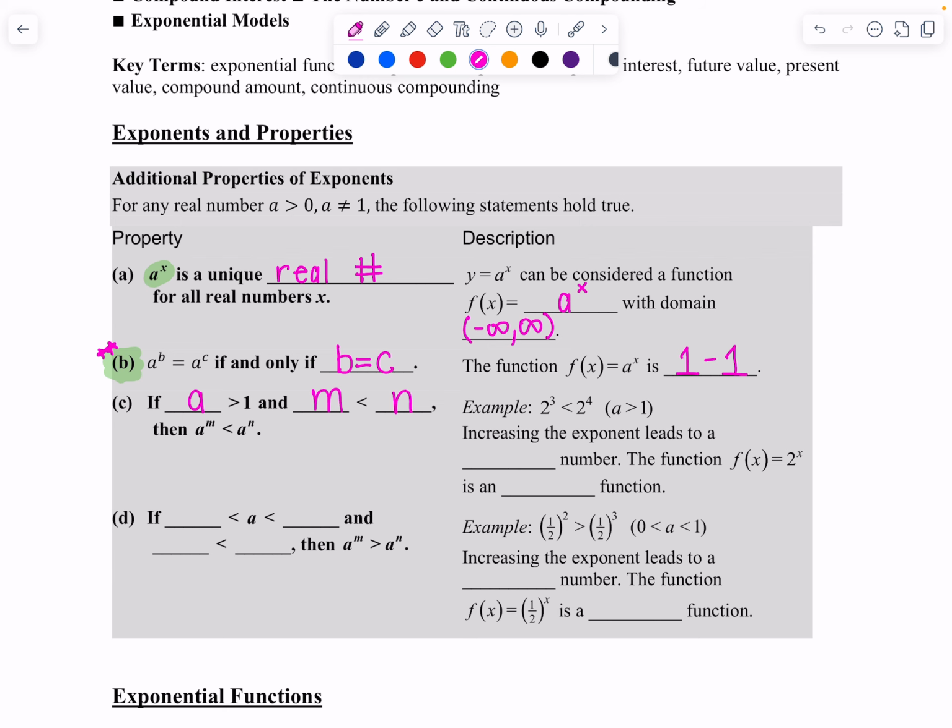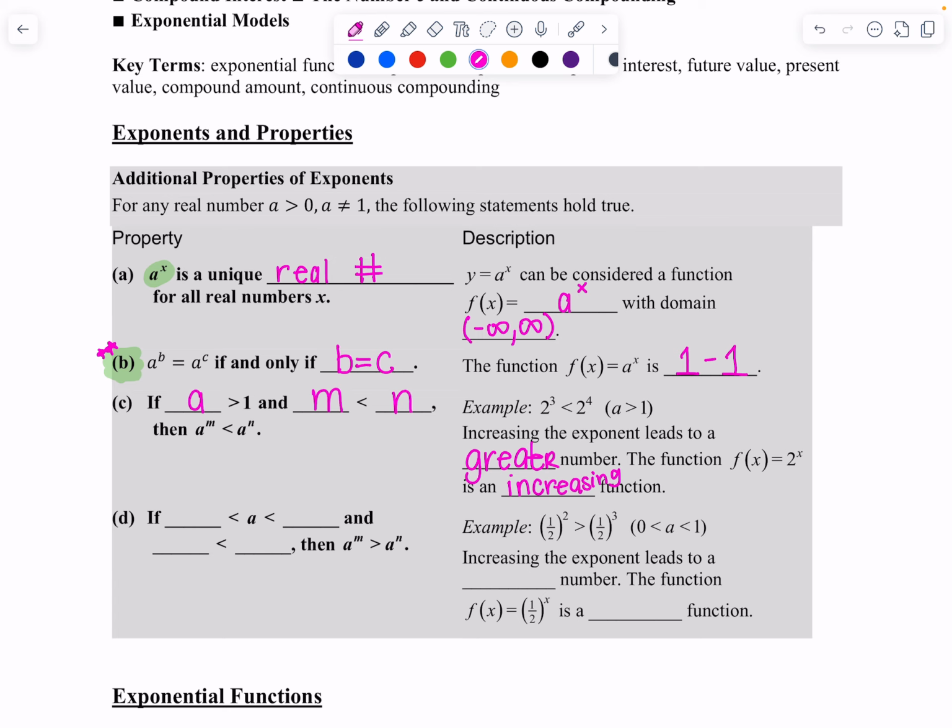In the concrete example, 2 to the third is less than 2 to the fourth. 2 to the third is 8 and 2 to the fourth is 16, so that is correct. Increasing the exponent leads to a greater number. Therefore the function f of x equals 2 raised to the x is an increasing function. It gets bigger.